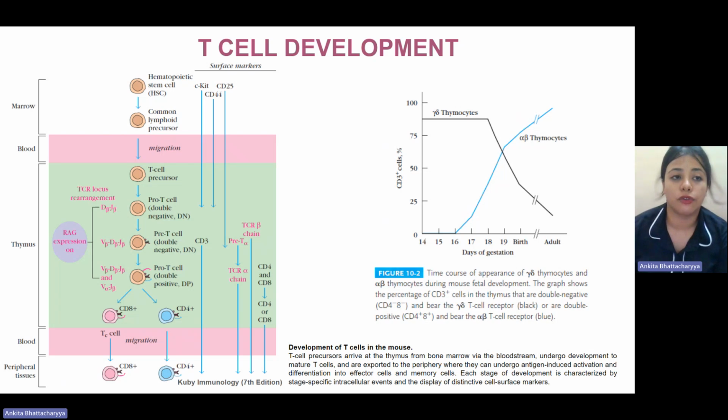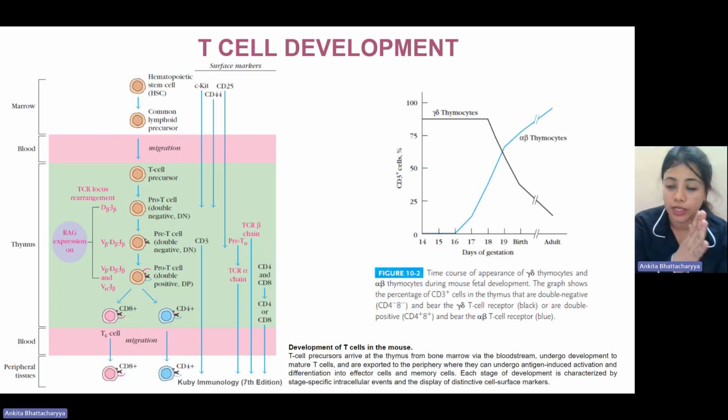We started off with a progenitor or a very early precursor cell, which is considered the starting point for T cell development. That is, of course, the hematopoietic stem cell, which is present within the bone marrow. From the HSC we see progression through multiple stages, starting with the common lymphoid precursor.